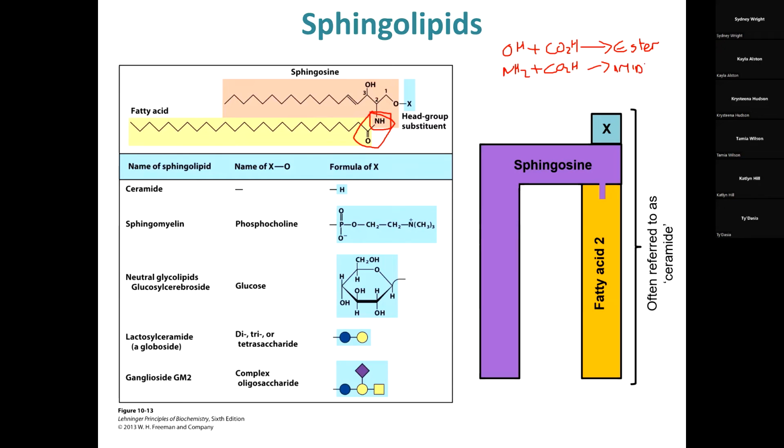And you may remember the amides from the amino acids, that's the linkage made between amino acids, the amide, aka a peptide bond in amino acids. So here we have an amide linkage instead. This is known as an amino alcohol, and this is kind of like its R group.